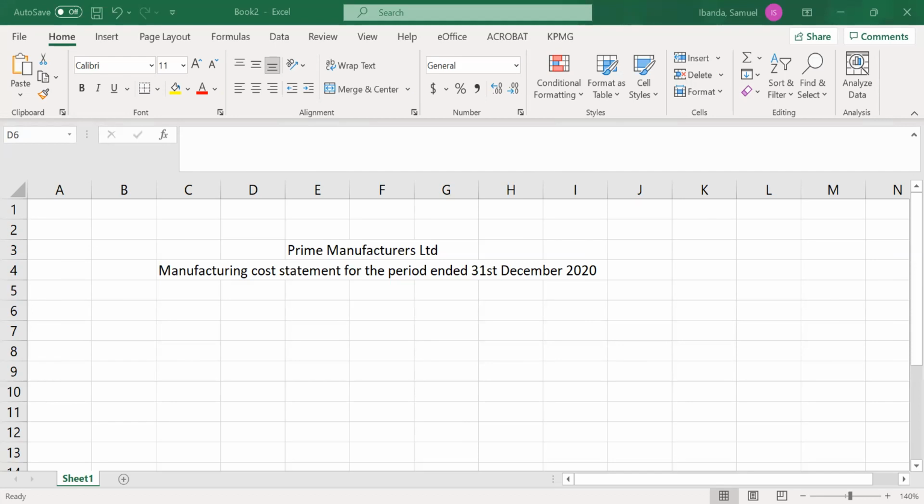What is the cost of these goods? Okay, that is the importance of it, because in this case, we don't just buy and sell. We buy, produce, and sell.